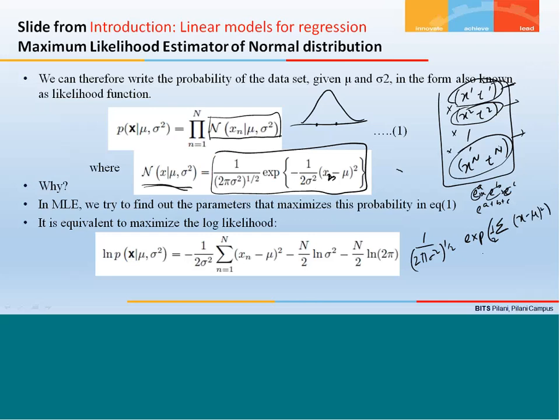In this exponent term, all these things get added, and it comes to this shape, half into summation. How many terms are there? If there are n different samples, it will go from i equals 1 to n, because for each sample there is a probability and you are multiplying n different samples. I hope this is understood.